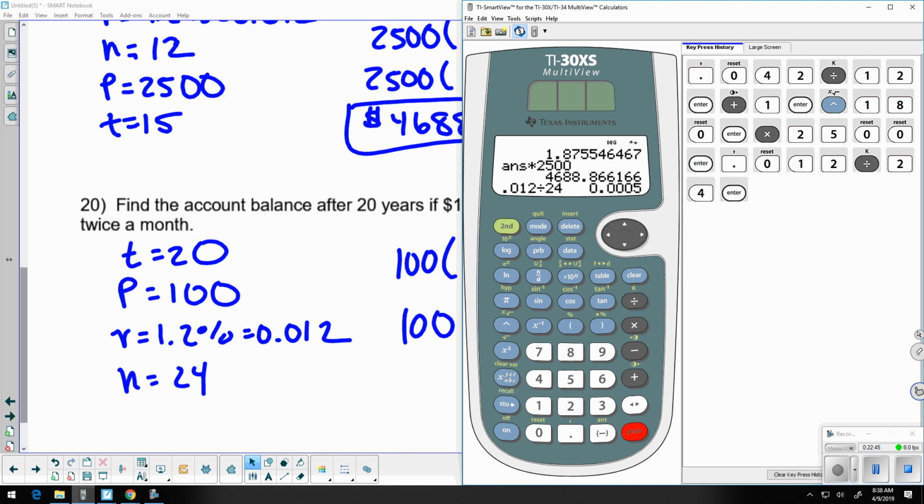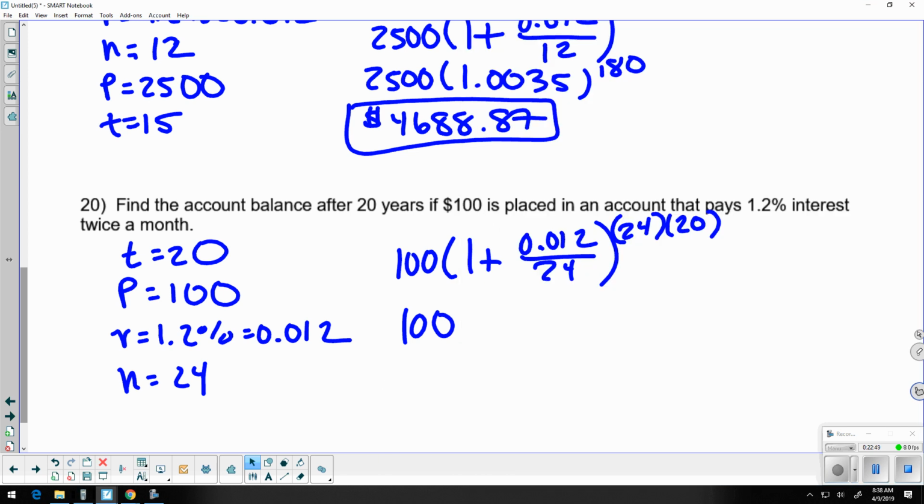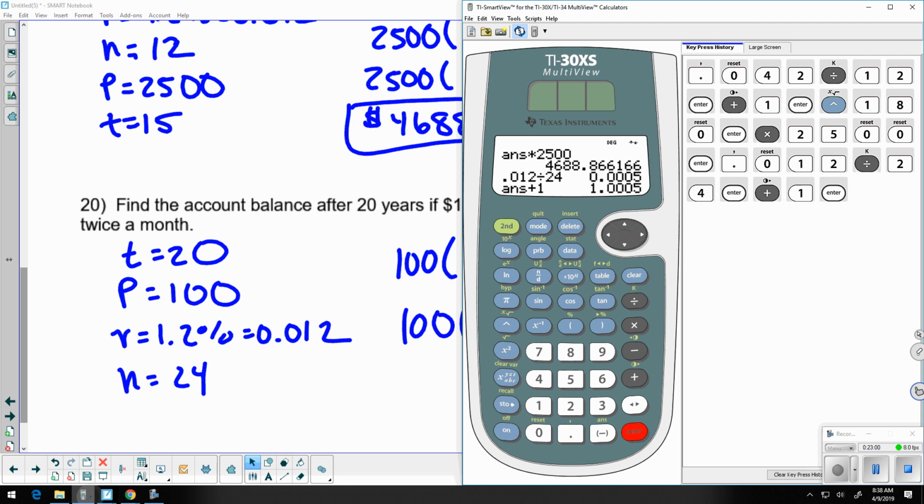And now just simply add 1 to it. So it's 1.0005. So we have 100, 1.0005. 24 times 20 is 480. So I want to take that decimal, raise it to the 480th power, and now just simply times that by 100, which just moves the decimal 2 places to the right.